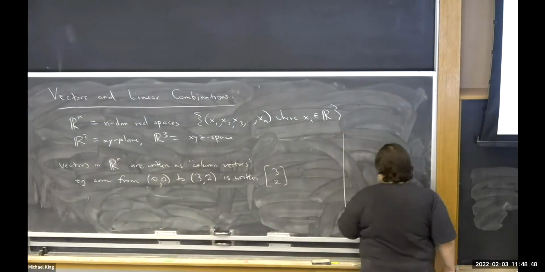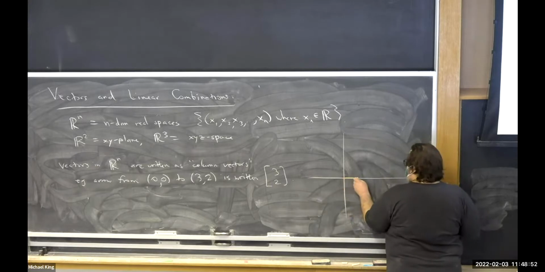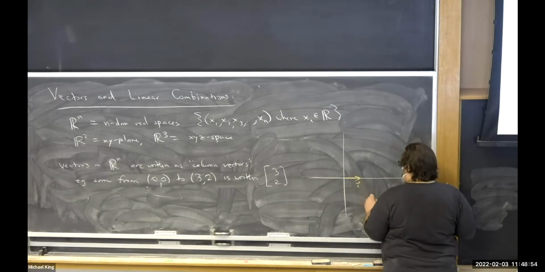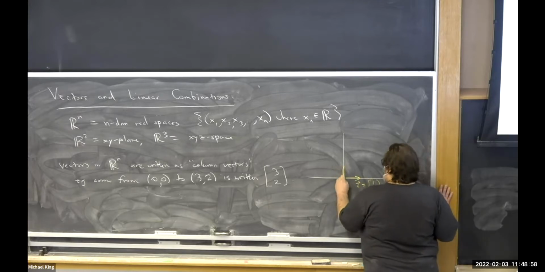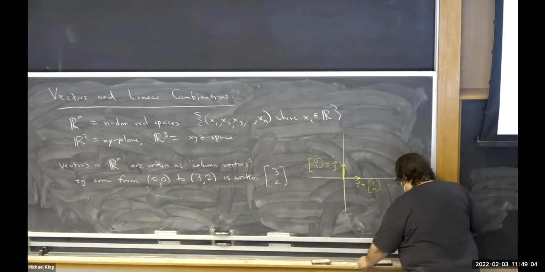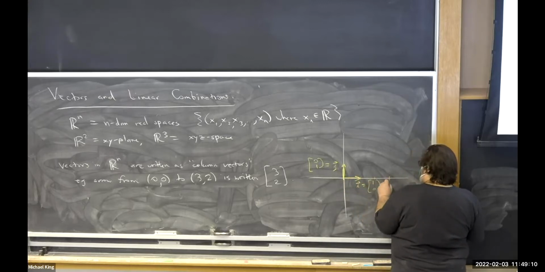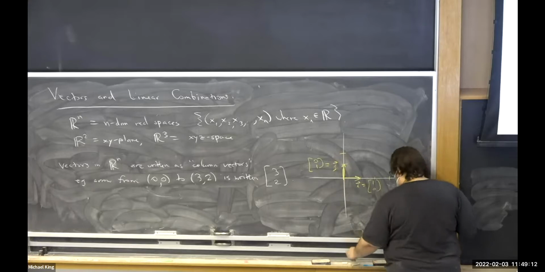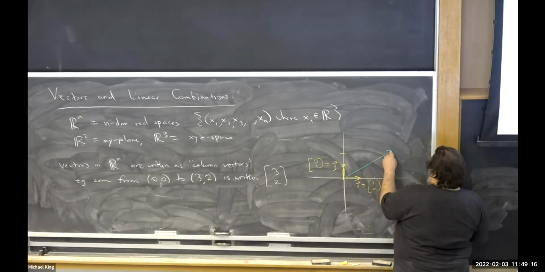If we have the x and y axes, we have this vector i, which is really the 1, 0 vector, and this vector j, which is the 0, 1 vector. And so when we say 3, 2, we mean we go over 3 of these and up 2, and we draw that arrow to that point.